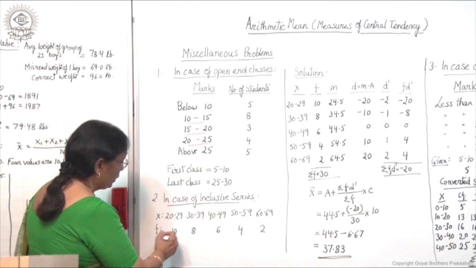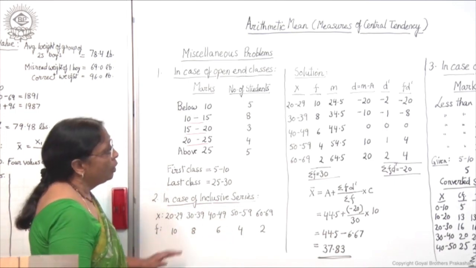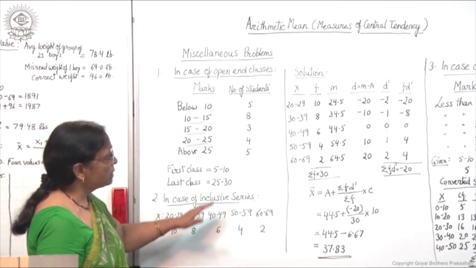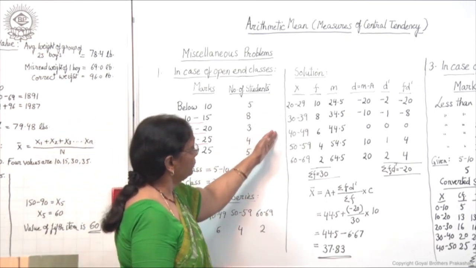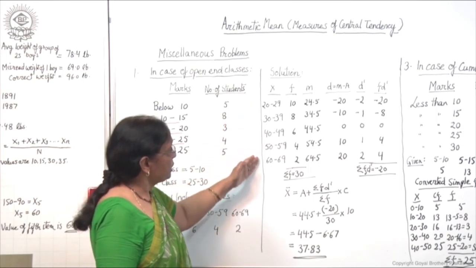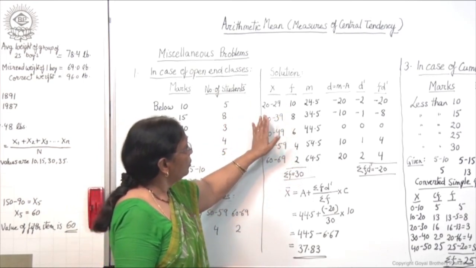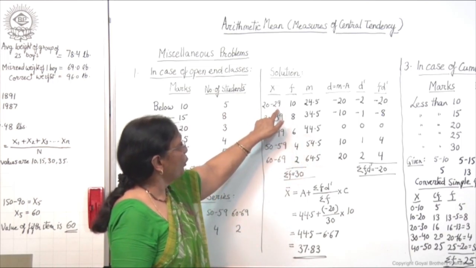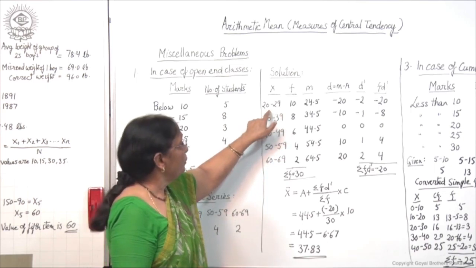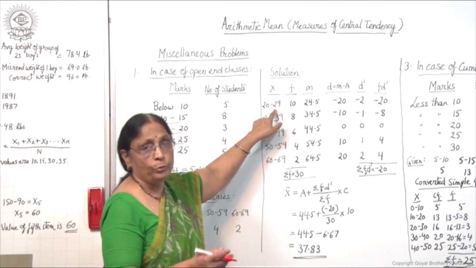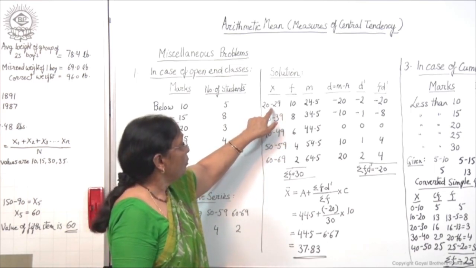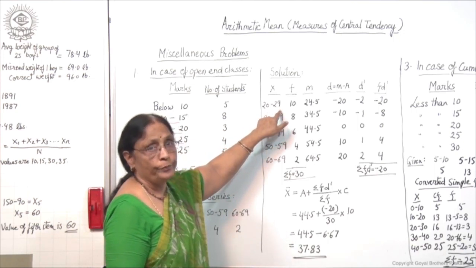Now frequency is given here. How to do the calculation in this case? This I have explained over here. So here you will copy down the series in the same order and frequency in the same order. Now the next step is you will take the midpoint. This is 20 to 29 and what will be the midpoint here? As I told you previously, L1 plus L2 upon 2, right.